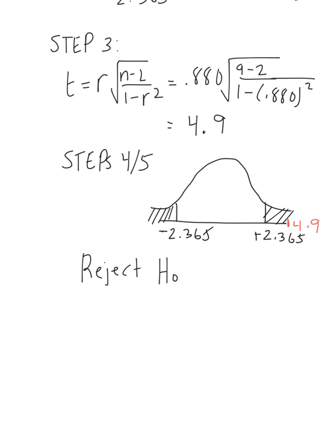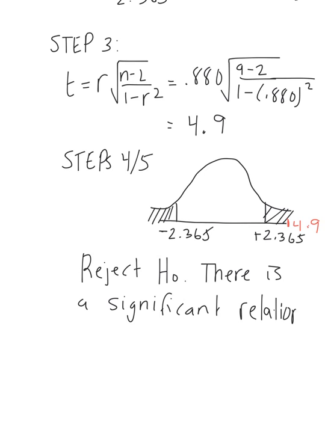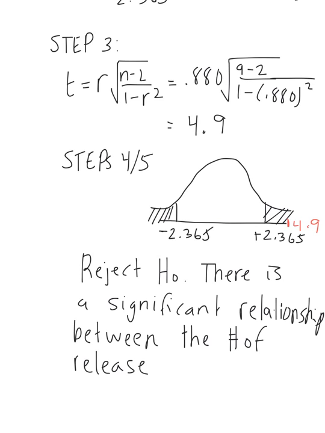Reject H0. There is a significant relationship between the number of releases and the gross receipts.